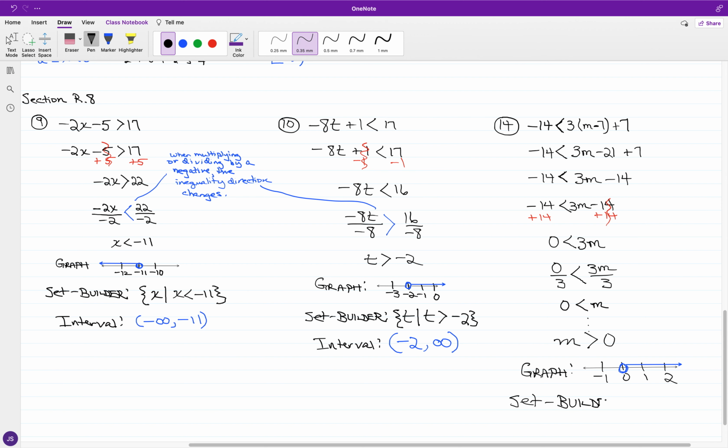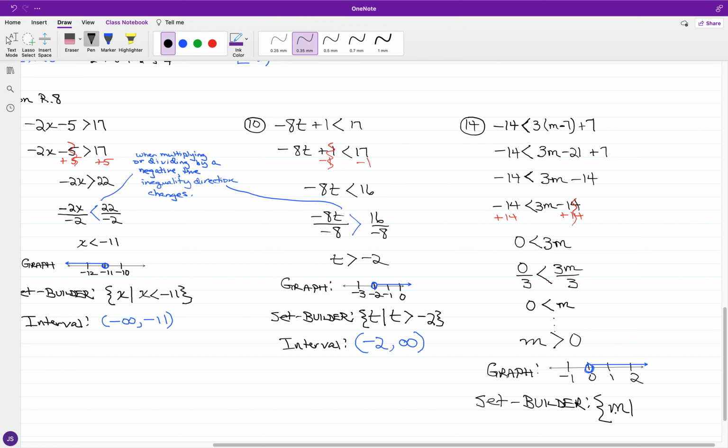And for the set builder solution, again, we're going to have m is greater than 0, but in the formal set notation, we have m, vertical slash, the set of all values of m such that m is greater than 0.